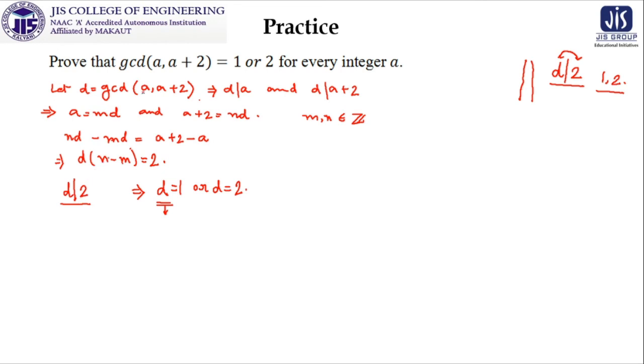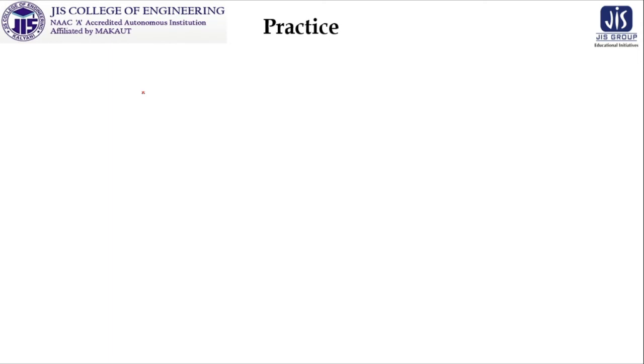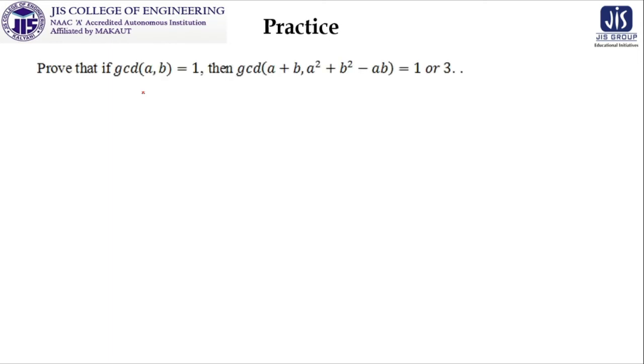Now if we proceed to the next problem, we have first of all one if condition, that the GCD of a comma b is 1, and then we have to prove the GCD of a plus b comma a square plus b square minus ab is equal to 1 or 3. We will prove it in the same manner.